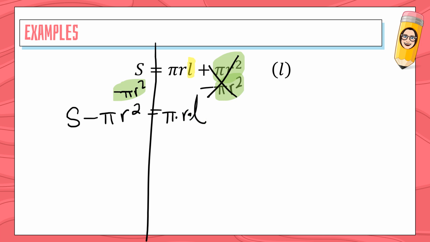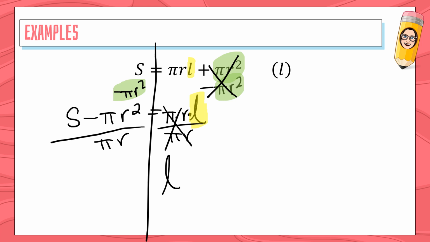Instead of a times pi r, what's the opposite? Divide by pi r. What I do to one, I do to all. L falls down. And this is messy, and that's okay. It's okay to have a big fraction bar mess. We got to get used to that, okay?